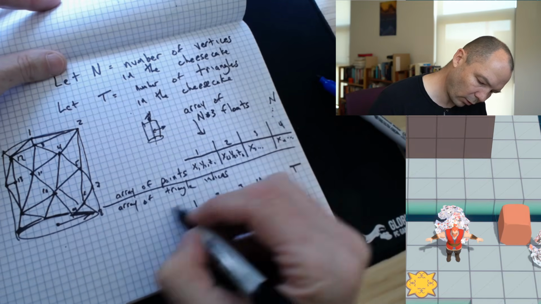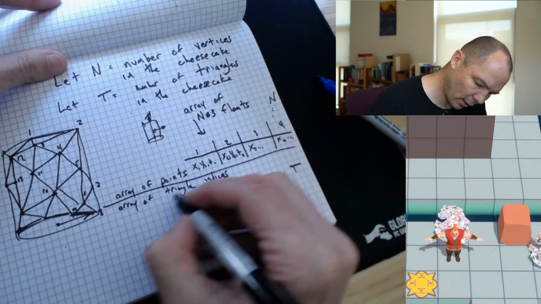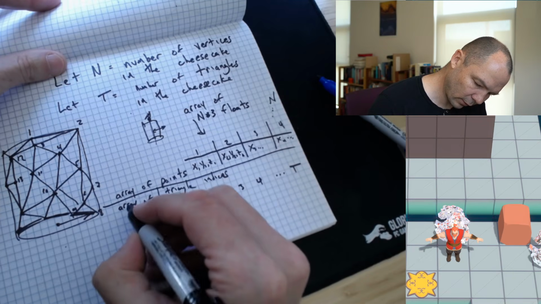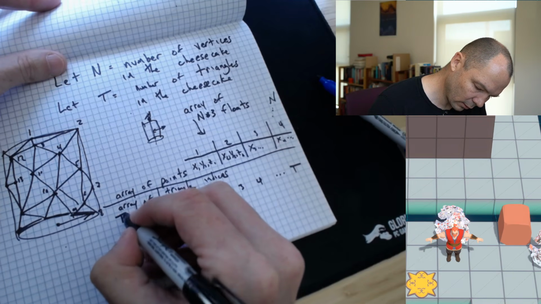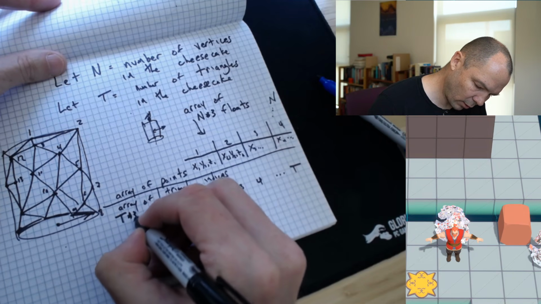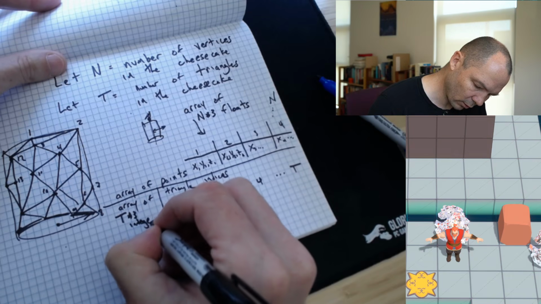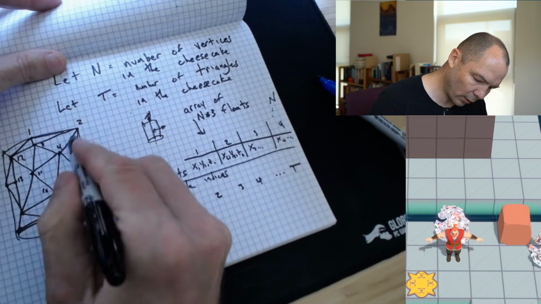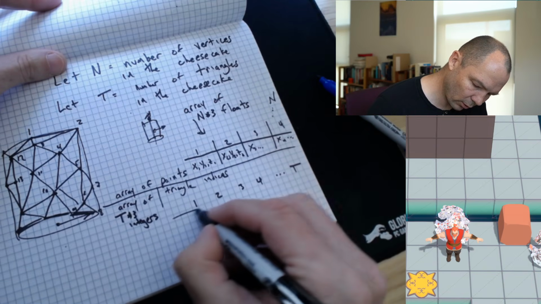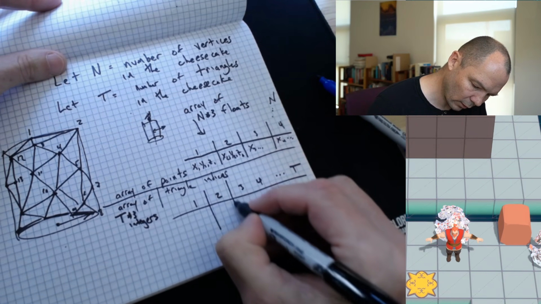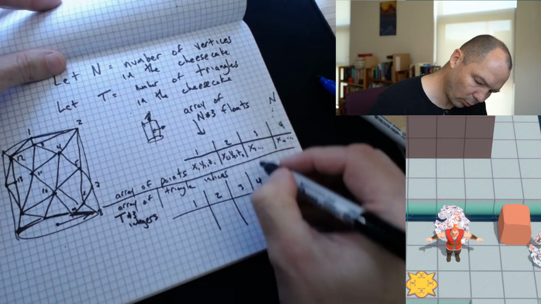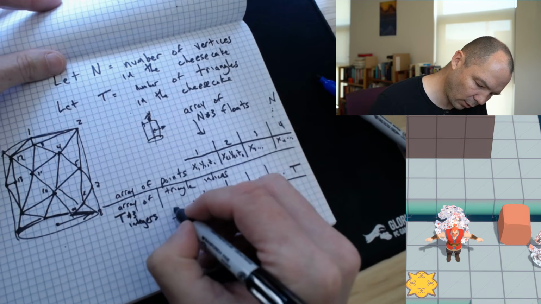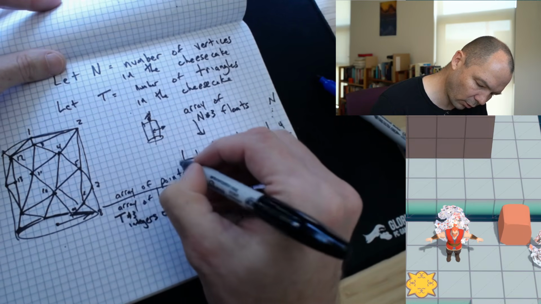And then the triangles is an array of t times 3 integers. And what are the integers? They're just what number is each point of each triangle. So here we have a bunch of triangles. These numbers don't really correspond to these. These are just array indices. We could be C style and start at 0 if we want.